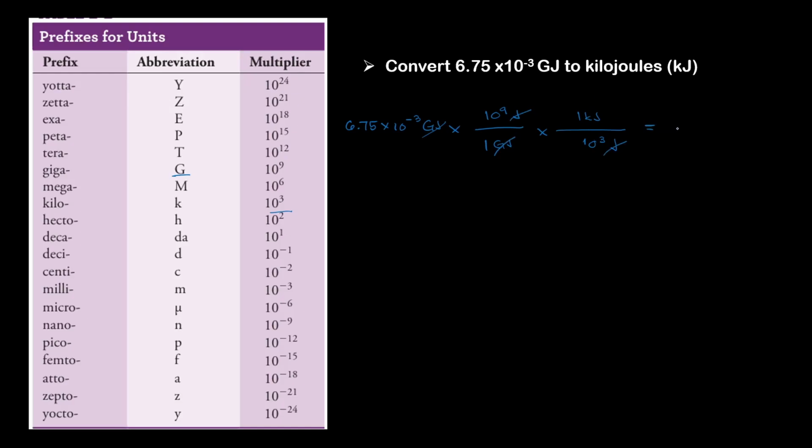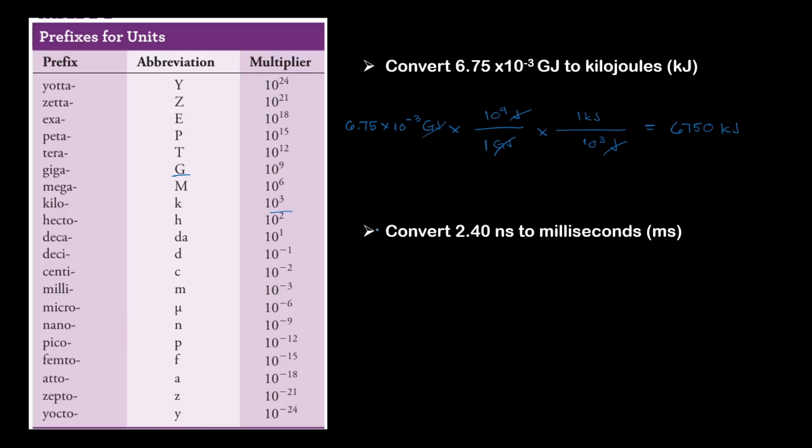Now simply calculate using your calculator. 6.75 times 10 to the negative 3 times 10 to the power of 9 times 1 over 10 to the power of 3. Then you will get 6,750 kilojoules. So this is true dimensional analysis.